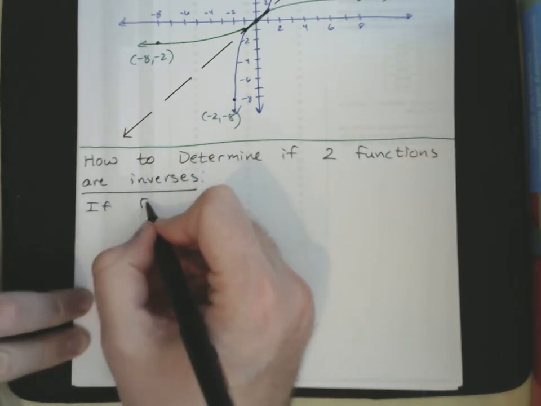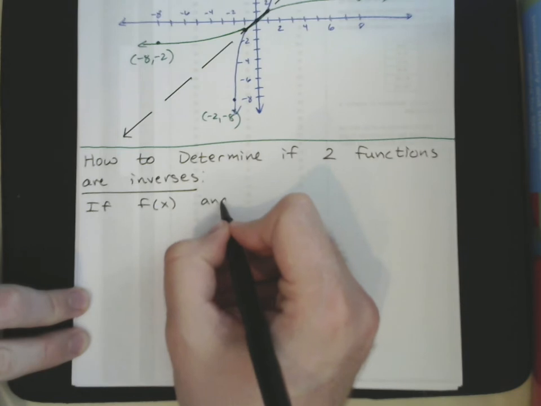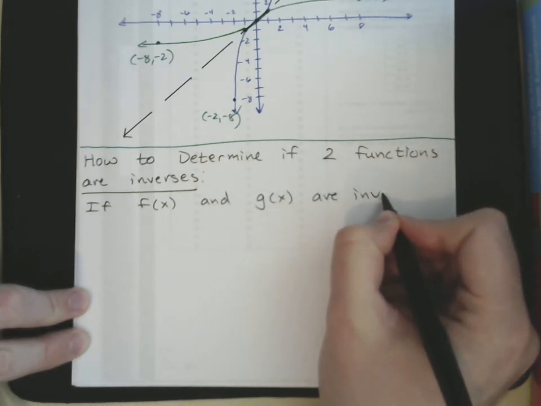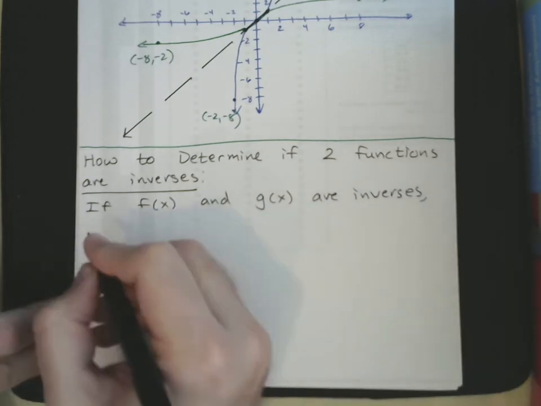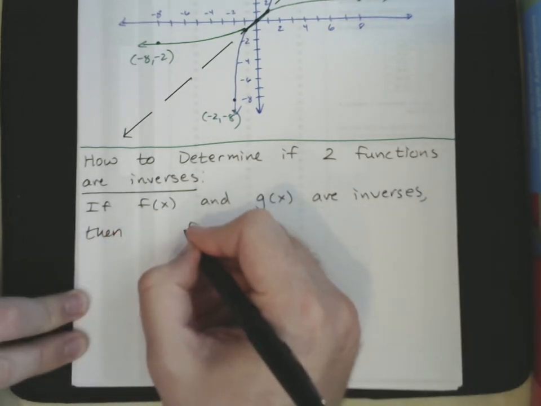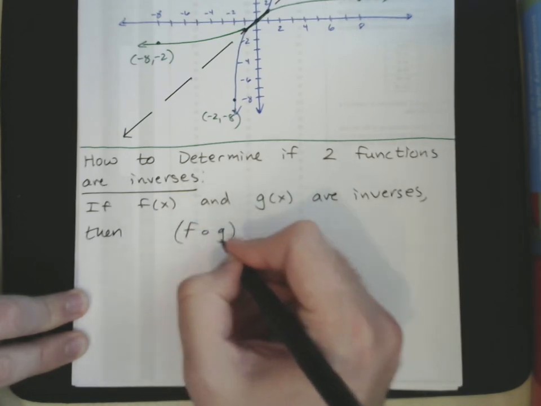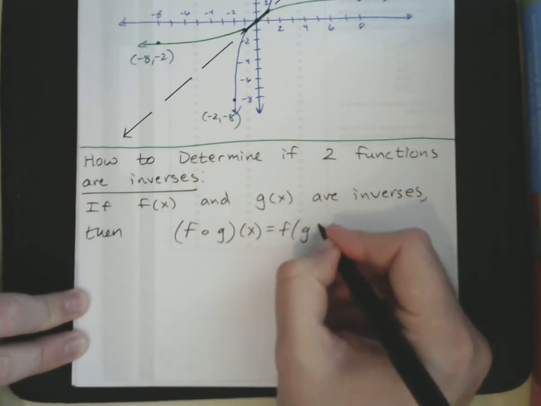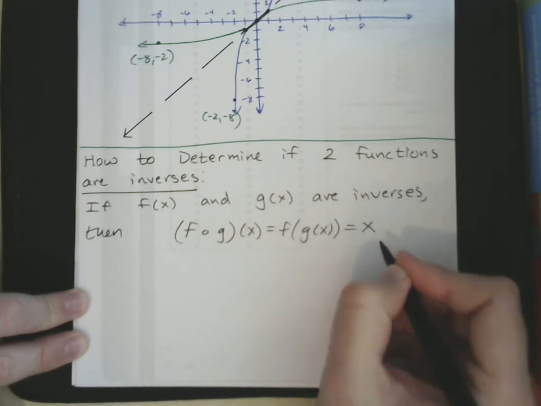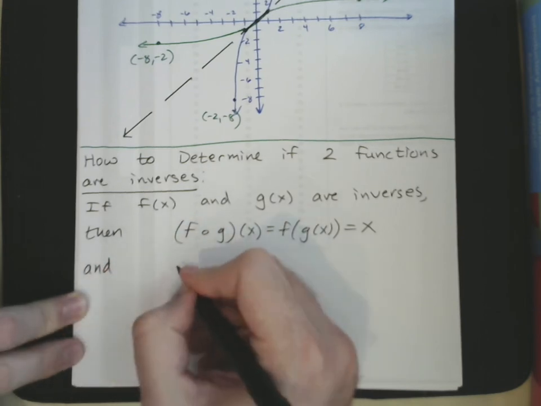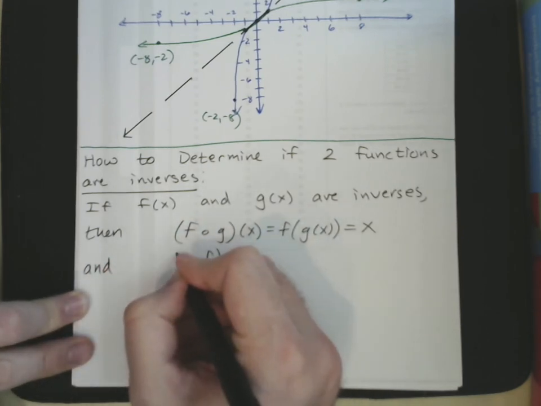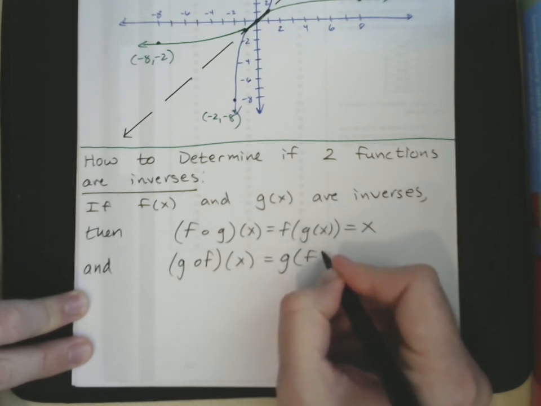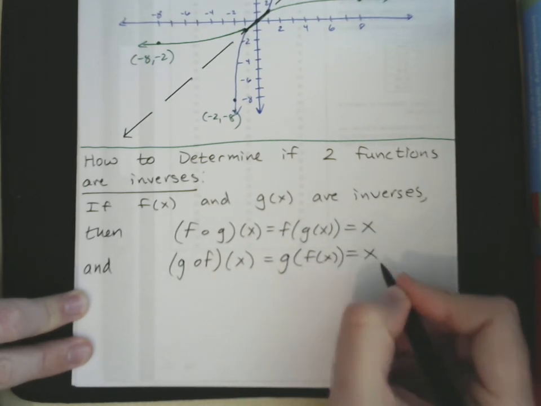So if f of x and g of x are inverses, then f composed with g of x, which is f of g of x, should equal x, and g composed with f of x, which is g of f of x, should also equal x.